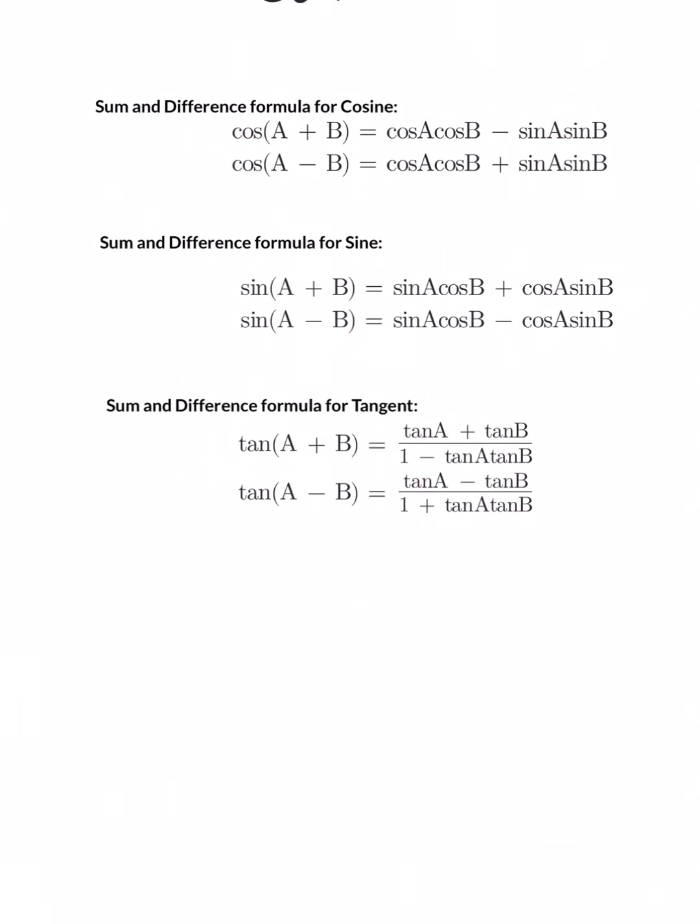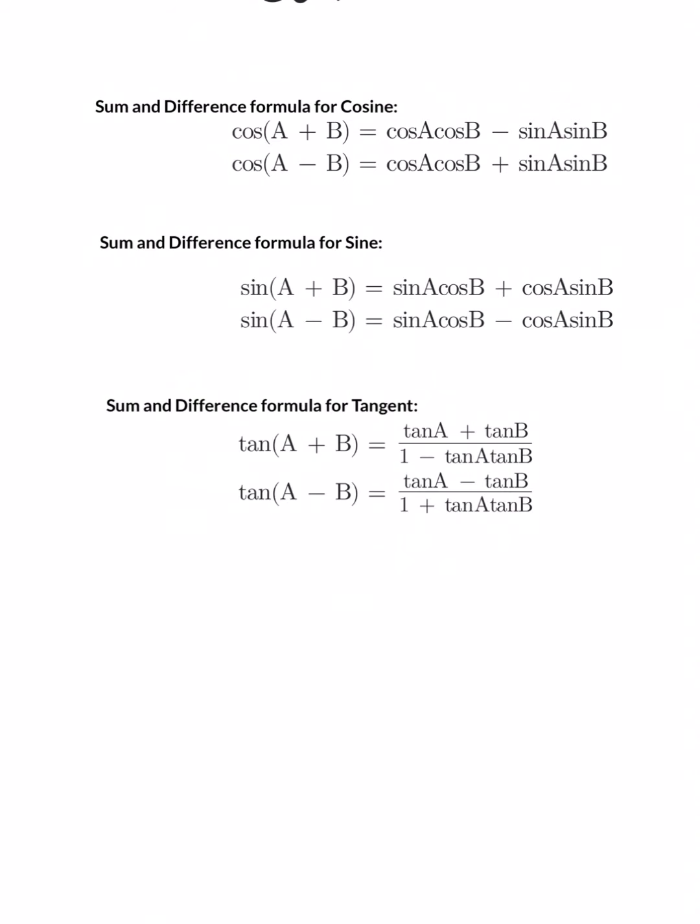On the cosine, you do the cosine of both angles, and then you do the opposite sign of what was in the original. If you were adding your angles, you are going to subtract your functions. If you are subtracting your angles, then you are going to add the functions. Notice that it's cosine, cosine, and sine, sine on this formula.